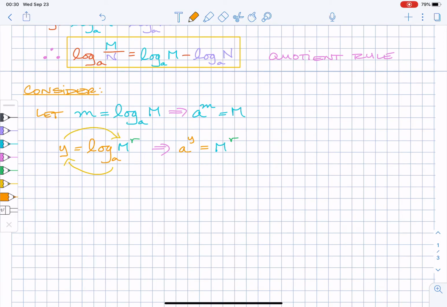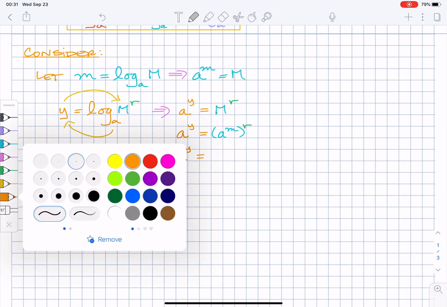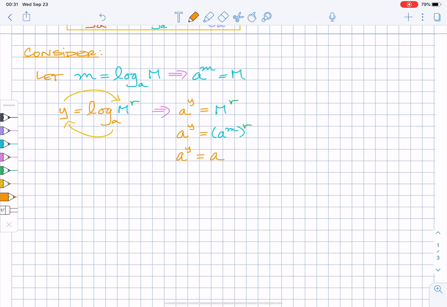Okay, so we have that a to the y is equal to, well, what is m? M is a to the little m, and that's what I'm raising to the r. Okay, so when we raise a power to a power, we multiply. So this is base a raised to the m times r.